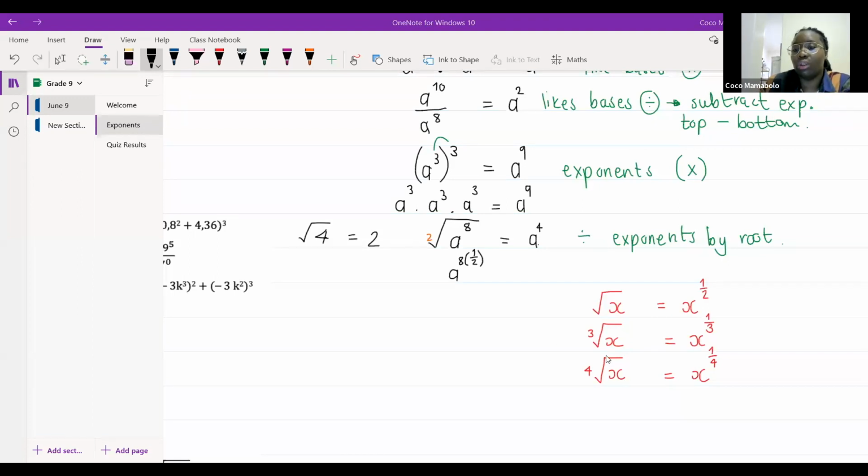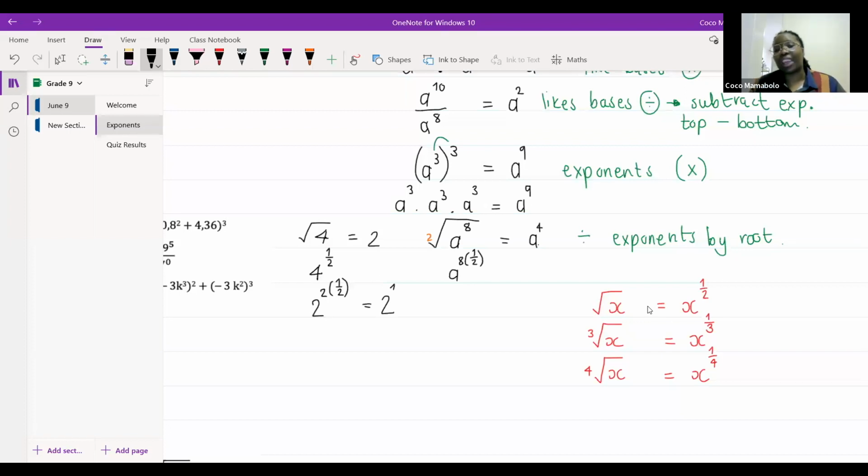Because we know that anything underneath a square root is x to the power of a half, this thing over here is actually the same as 4 to the power a half, right? But I can rewrite 4 as 2 squared, 2 squared times that a half that we already had. Now, half of 2 is going to be the same as 1, which is the same as 2 to the power of 1. And I'm going to end up with 2.